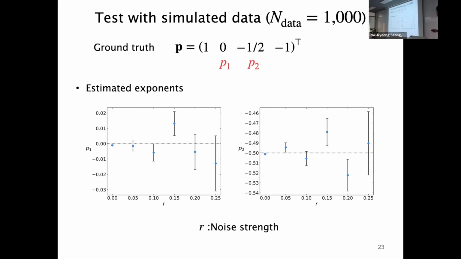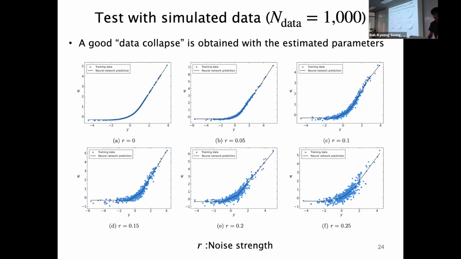And once we obtain this combination, we can plot this data collapse plot. This is the case where noise is 0, and as the noise increases it gets worse, but the level of this data collapse seems not bad.